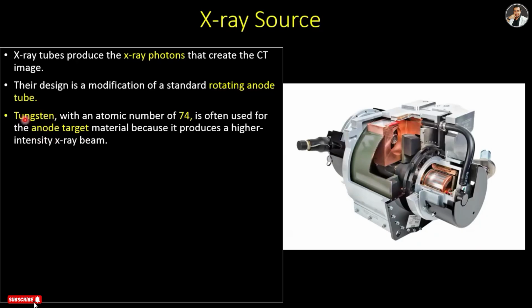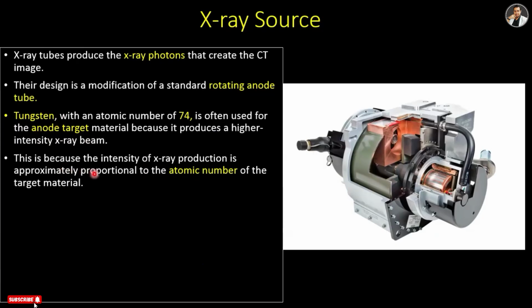This metal is used for the anode target and produces a higher intensity X-ray beam. So, the higher the atomic number of the target material, the more X-ray production. But the boiling temperature of the metal is also high.